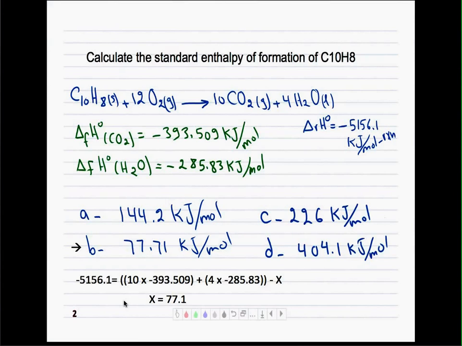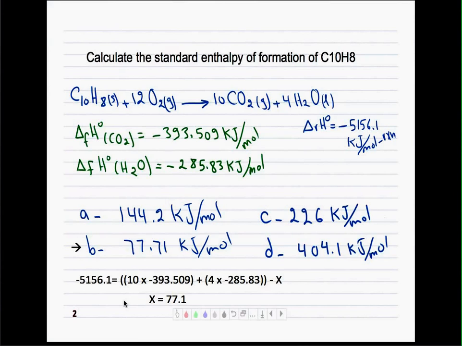Why? Because it is a product and the stoichiometric coefficient is 10, plus 4 times the delta H of water liquid, not the gas one, it's the liquid one, minus the delta H formation of the reactants, which is delta HF of C10H8 plus 12 times the delta H formation of oxygen gas.